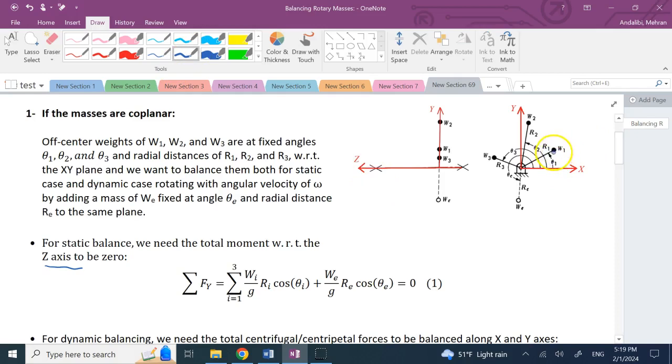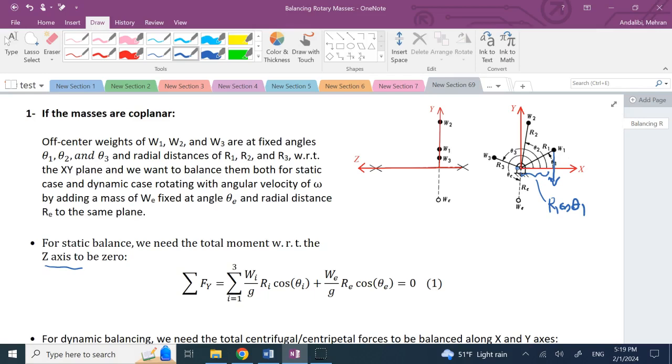Well, each W that you have down here is going to create a moment about the z-axis, and that is W times this distance, and this distance is R1 cosine of theta 1. And the other terms are R2 cosine theta 2, R3 cosine theta 3, and RE cosine theta E.